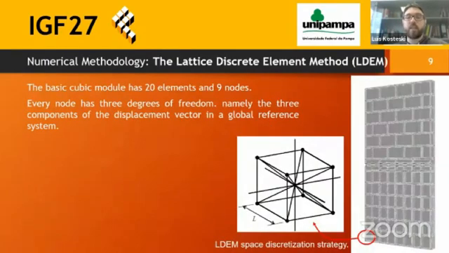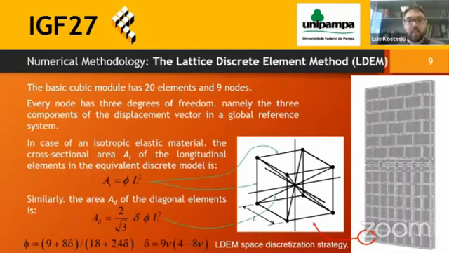For the numerical simulations, we use the lattice discrete element method. This method consists of using a 3D lattice to model the solid. Then we have a spatial discretization of the solid by a 3D lattice.